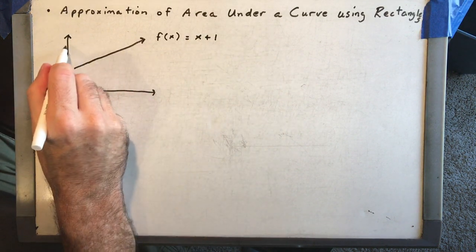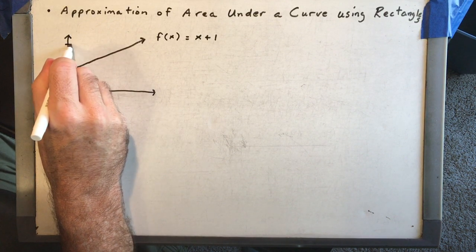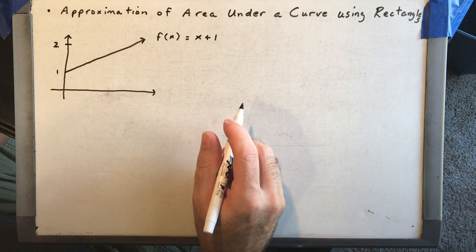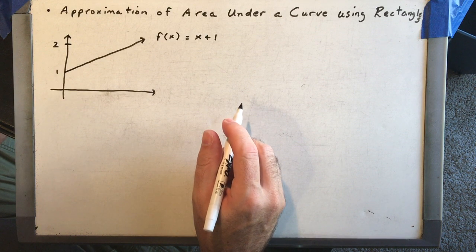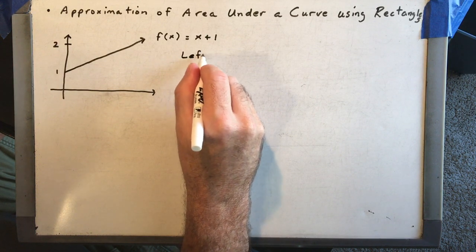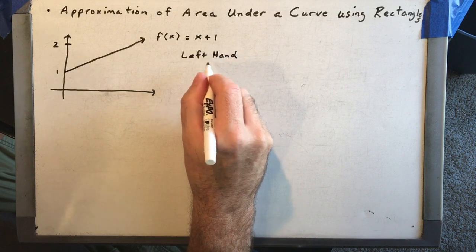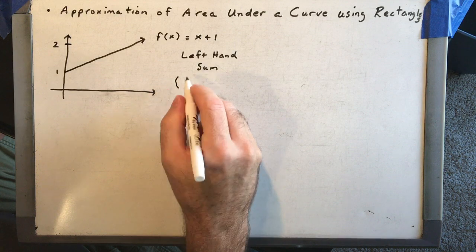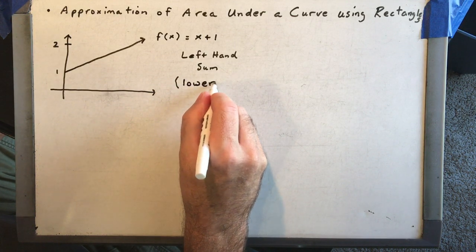Okay, so this is 1. Let's say this is 2. So what we want to find is what's called the left-hand sum. There's two different ways to say it, but the book calls it the lower sum.